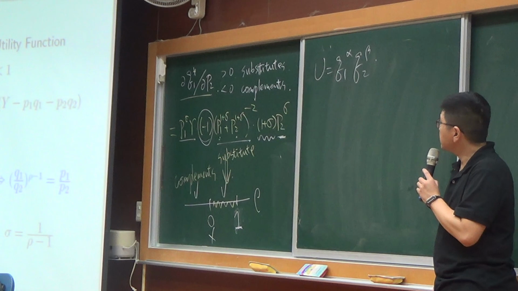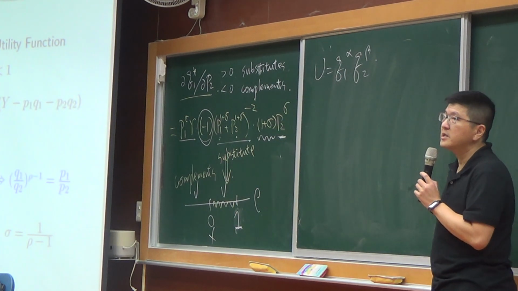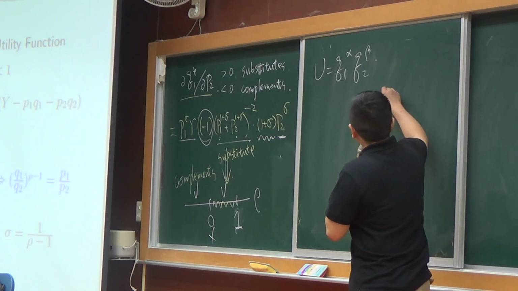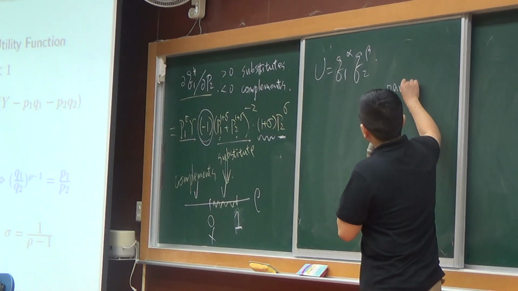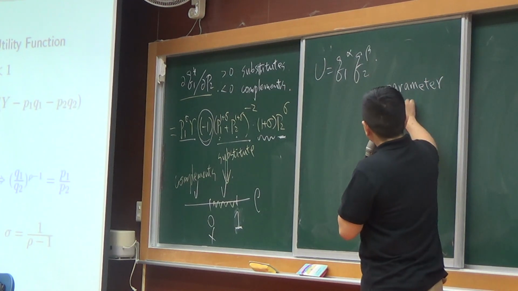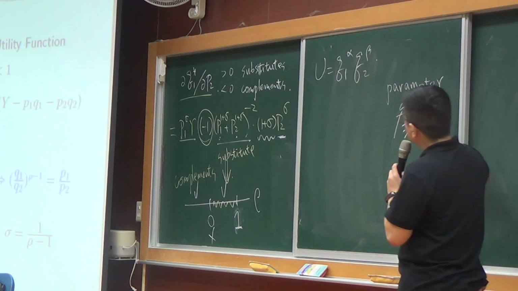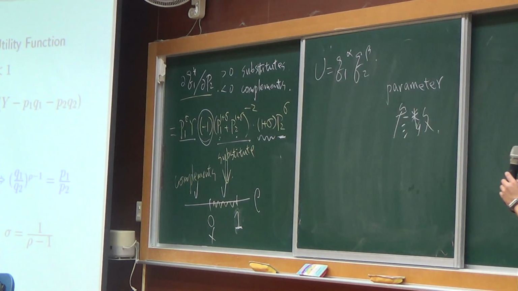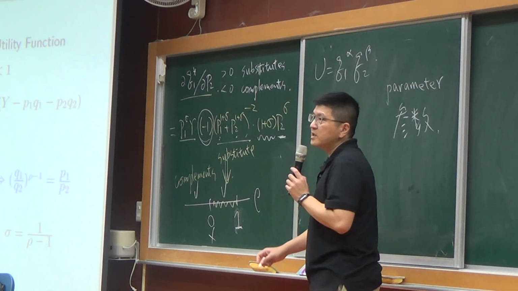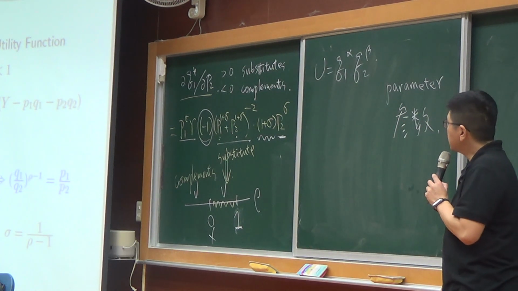Should we restrict the range of the parameters? Alpha and beta are actually parameters. So parameter is actually 参数, okay? Parameter. So do we need to restrict the range of alpha and beta?